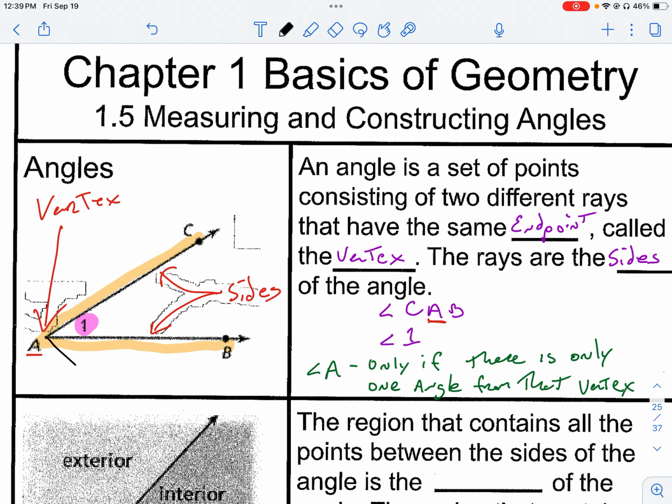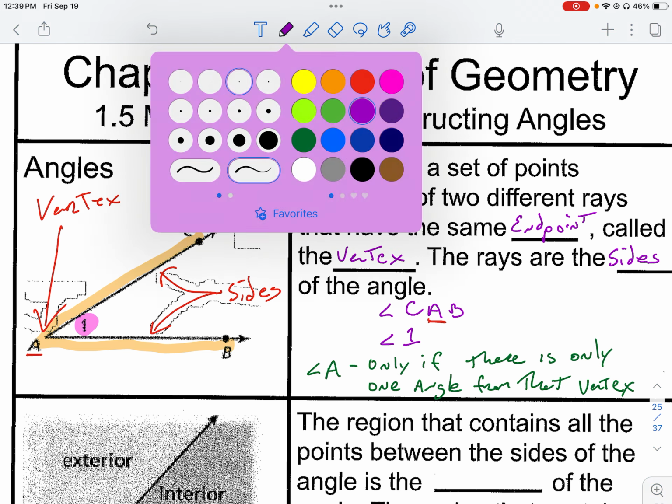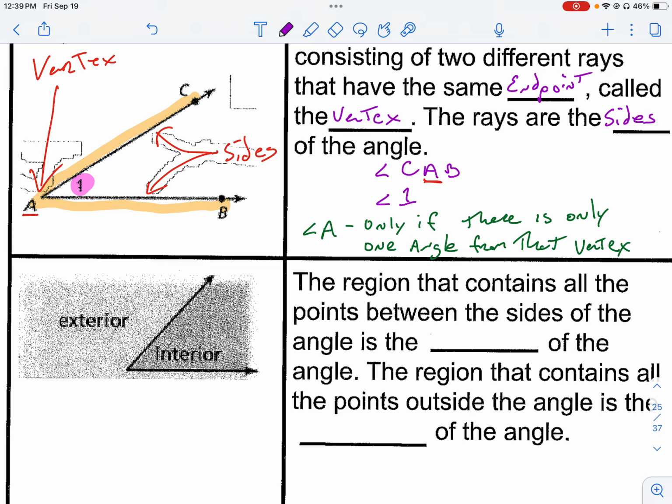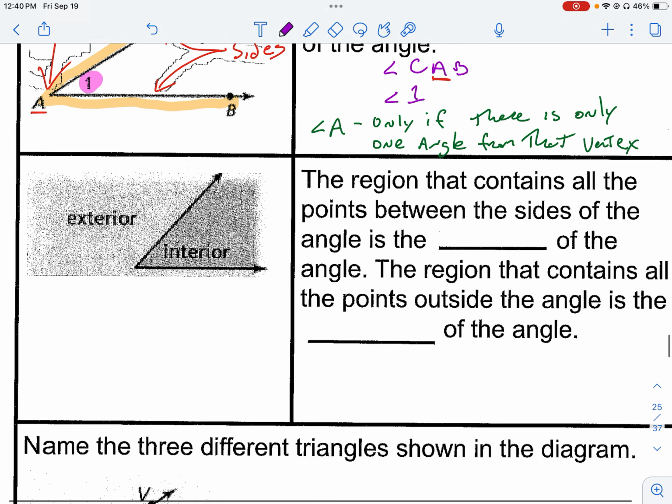If I draw another line here, we'll call it W, and now I've got angle BAW. We can't call it just angle A because then we don't know which angle we're actually talking about. So we can use that only if there's only one angle. Okay, so that's the basics of an angle.